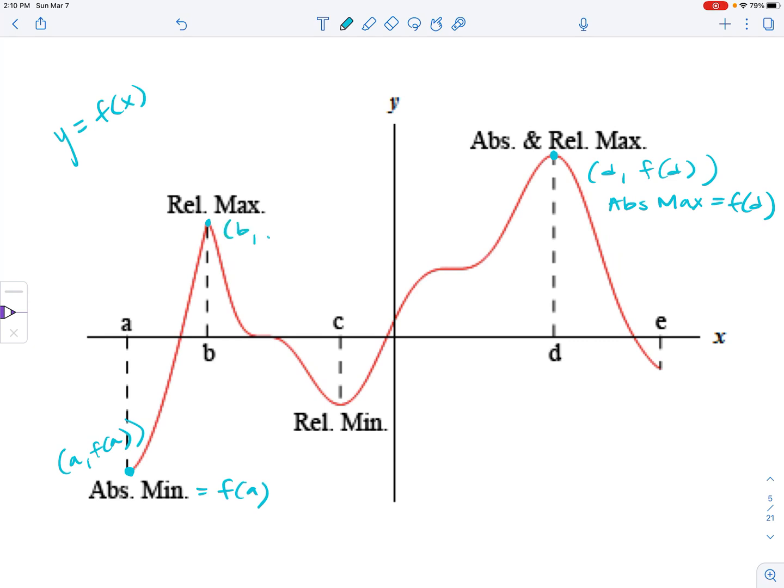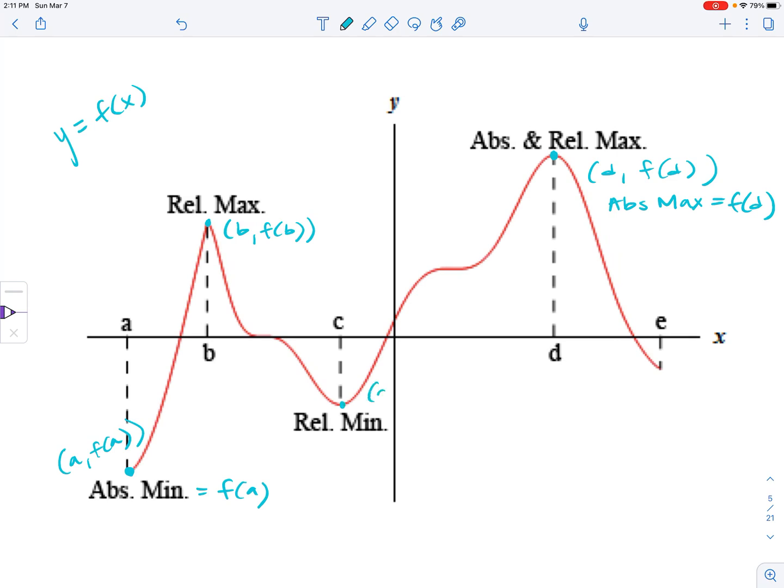So we have a relative maximum at x equals b, so that point would be b comma f of b, where f of b would be a relative maximum, but it looks like on here we have multiple relative maximums. And the point where our absolute maximum occurred at d comma f of d is also a relative maximum because the graph changes from increasing to decreasing. So that point is actually the location of both a relative and an absolute maximum value.